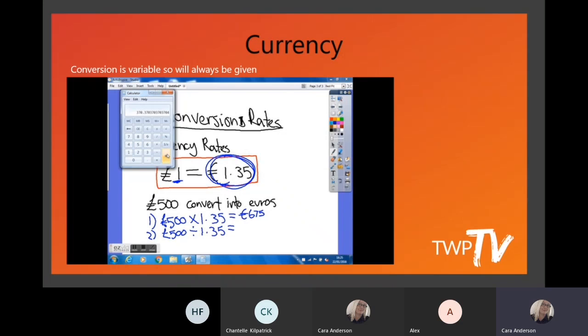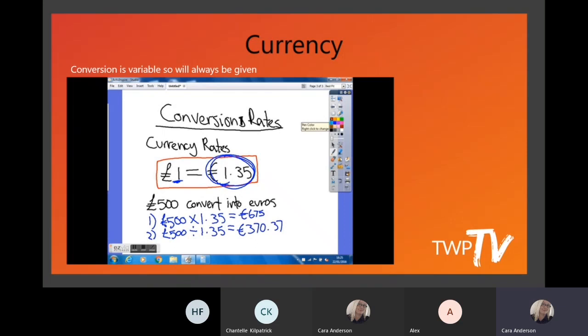That gives us quite a long and nasty number, but when you get a number like that, it's always worth rounding it to 2 decimal places, especially when you're looking at money, because that works out as euros and cents or pounds and pence. So we can round that to 370.37 euros. Like I say, we've got 2 answers now, but only one of them can be correct.